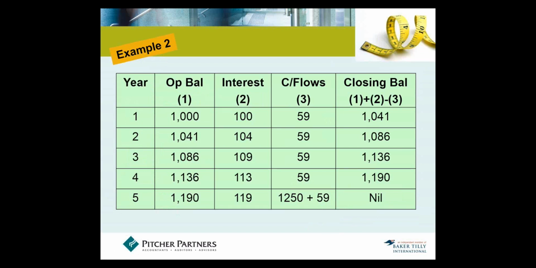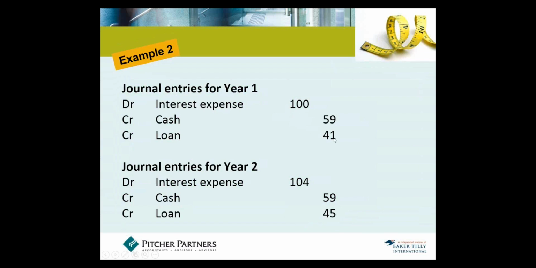And then you would say credit cash, debit the loan with 59, or you could do it net, where you say debit interest expense in profit and loss 100, credit cash the outflow of 59, and credit the loan of 41. Because during year 1, the difference between the opening balance of the loan and the closing balance of the loan is an increase in that loan balance of 41.